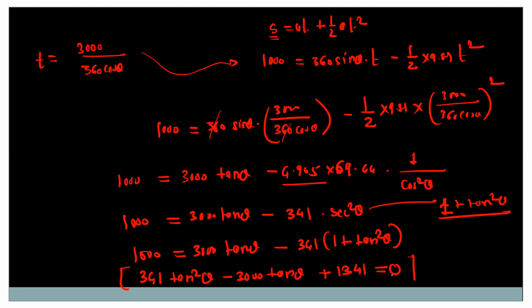So this is basically a quadratic equation in terms of tan. So you can substitute this value. Put tan theta is equal to x, so tan square will become x square. So you will get the equation 341 x square minus 3000 x plus 1341 equal to 0.